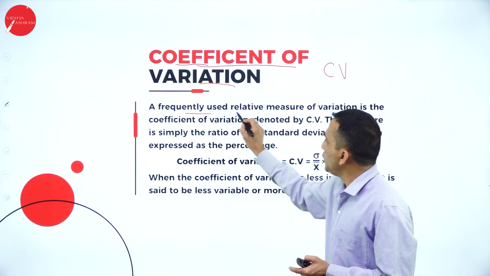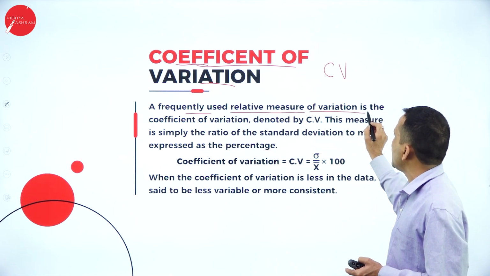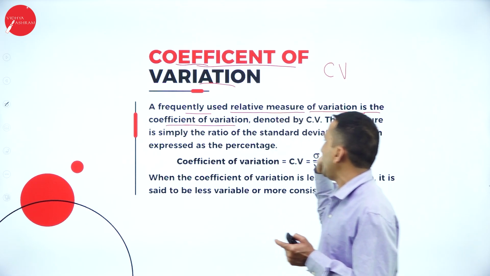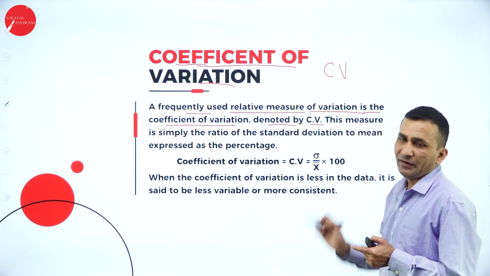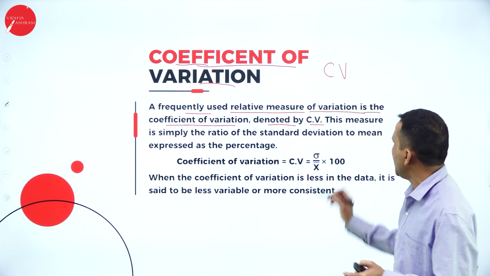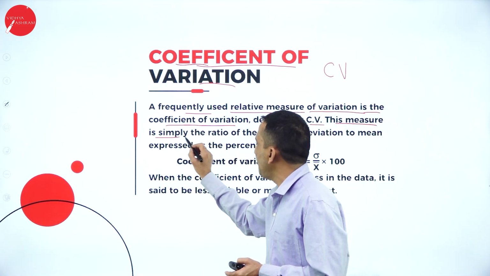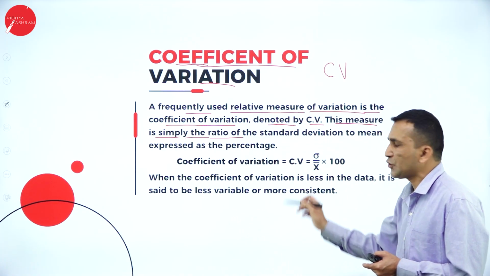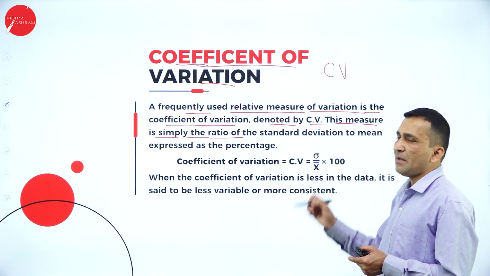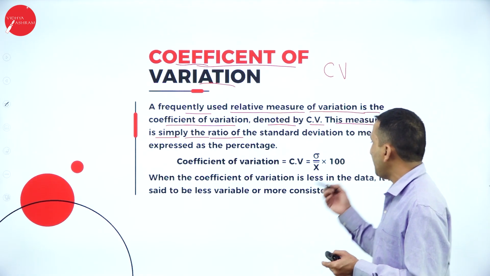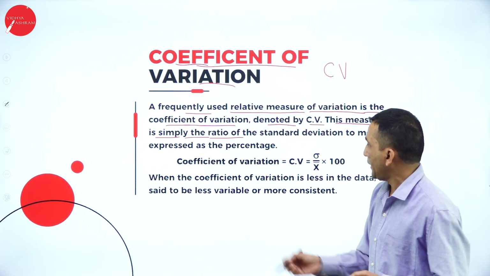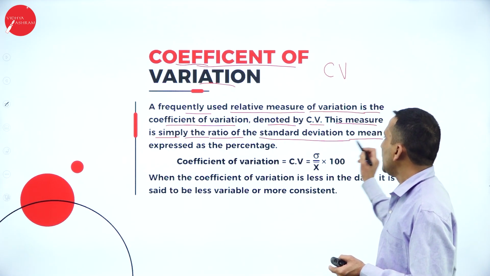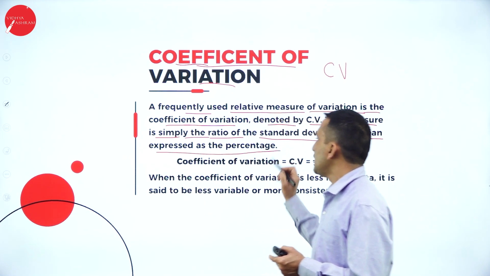The frequently used relative measure of variance is the coefficient of variance, denoted by CV. This measure is simply a ratio, because if anything is multiplied by 100, it becomes a percentage. It is the ratio of the standard deviation to the mean, expressed as a percentage.